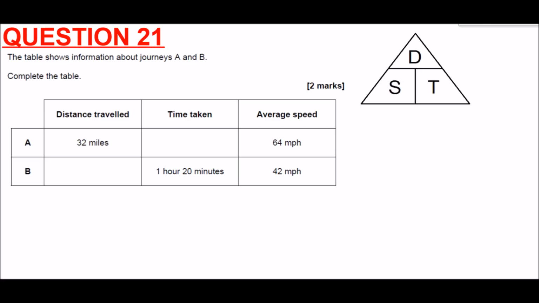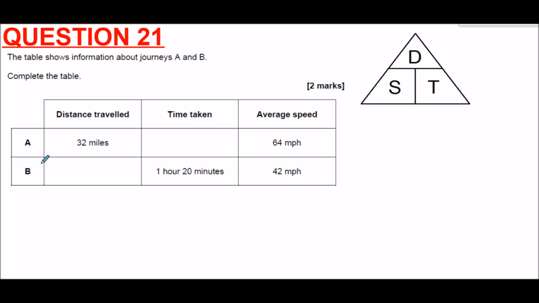Question 21. The table shows information about journeys A and B, and we need to complete the table. What I've included here is a speed, distance, time magic triangle. So speed, distance and time. Whatever we want to work out, we can cover up.